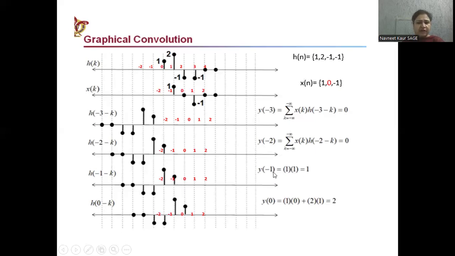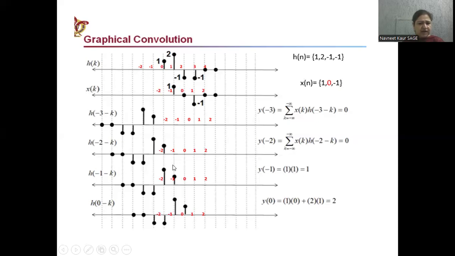Now coming to y of minus 1. Here n has the value minus 1, so h[minus 1 minus k]. If I draw h[minus 1 minus k], it will be like this. Now if I multiply x[k] with h[minus 1 minus k], we will see that the only common sample is at n equal to minus 1.